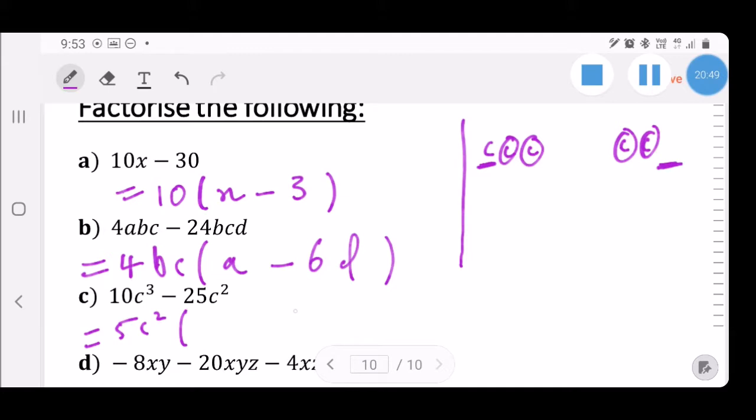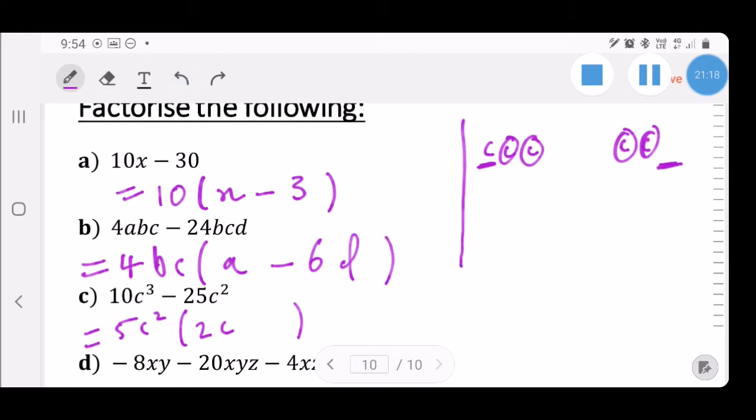Now we put the leftovers in the fridge. 5C squared times what gives me 10C cubed? Well, it must be 2C. 5 times 2 is 10. C squared times C is C cubed. Okay. Now, 5C squared times something gives me negative 25C squared.